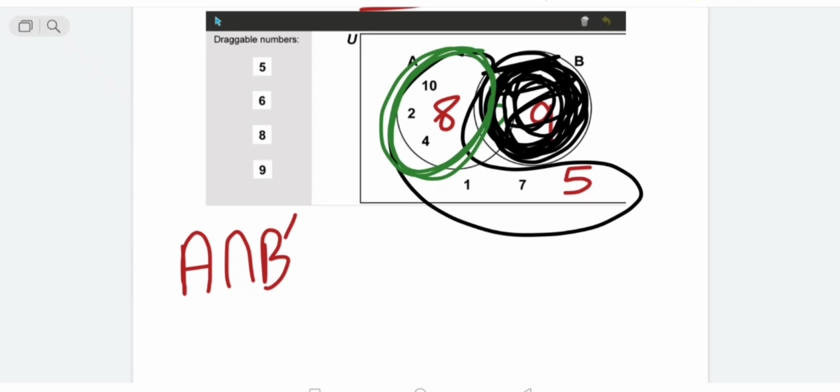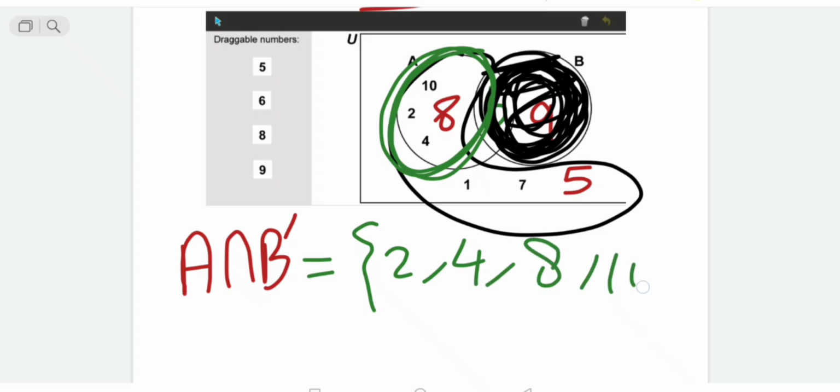What is intersection? Common in both, in this one and this one. So the common is this, which is A. So we will write, which is equal to 2, 4, 8 and 10.